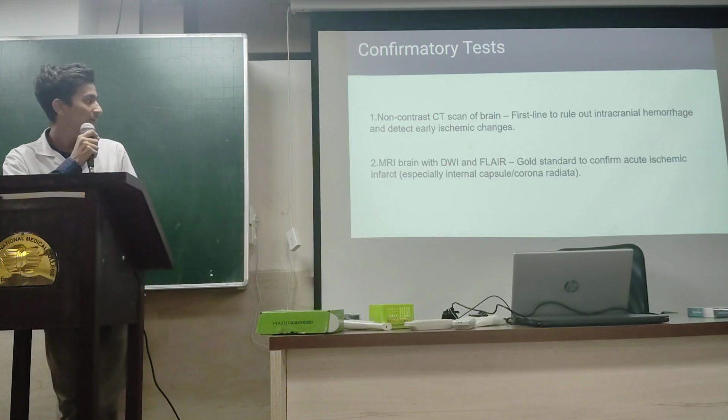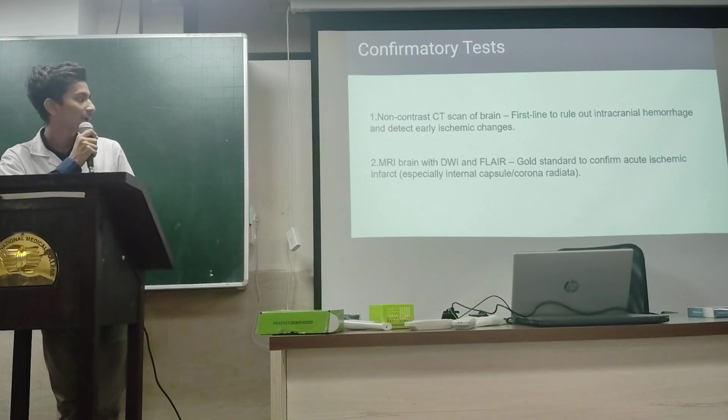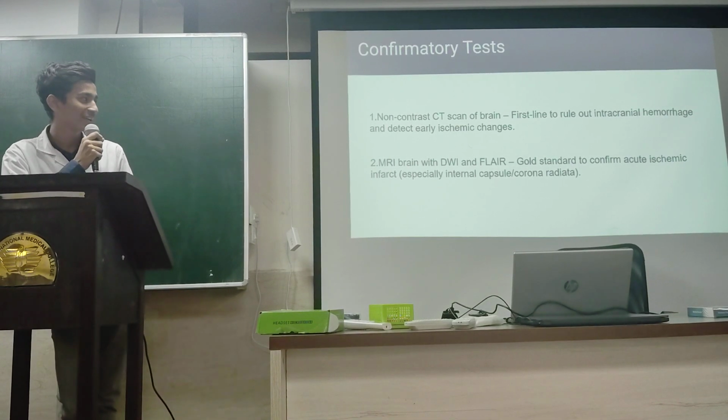Second is MRI of the brain with DWI and FLAIR, diffusion weighted imaging and fluid attenuated inversion recovery. It is the gold standard to confirm acute ischemic infarct.